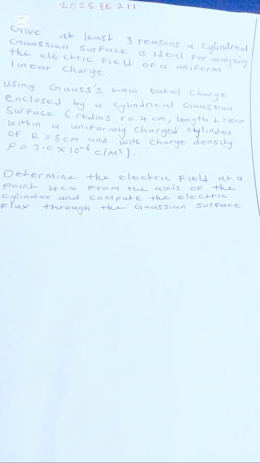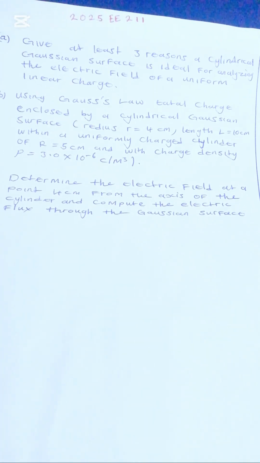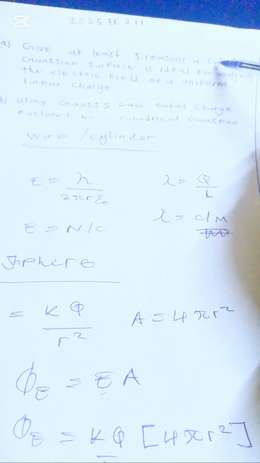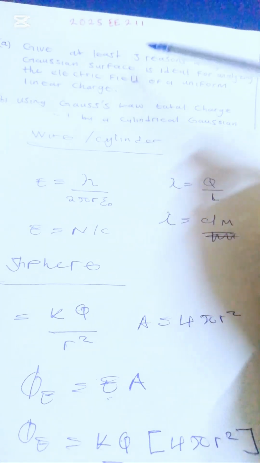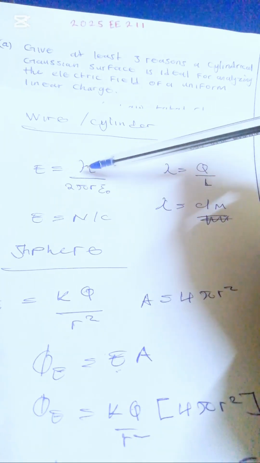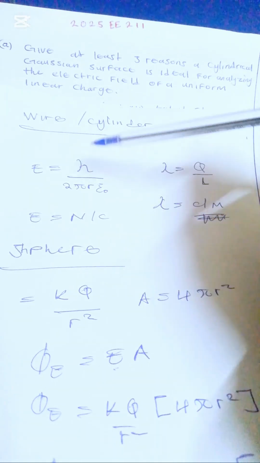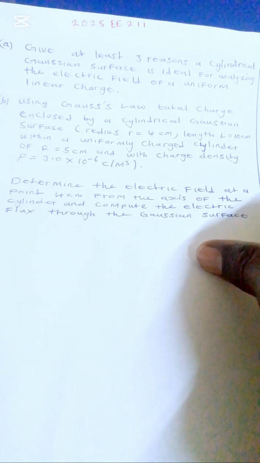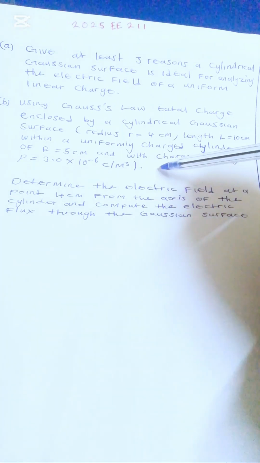So what we are going to apply is, just like we said, this is a cylindrical surface we are dealing with. So we said the formula to use is this one for electric field. Then we have the linear charge density. But if you check the question, what we have been given is not a linear charge density.